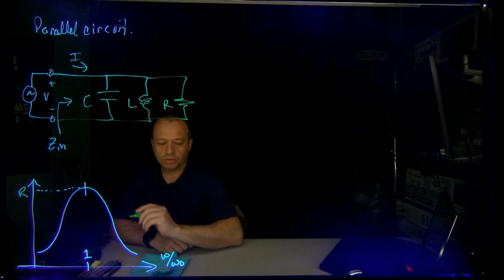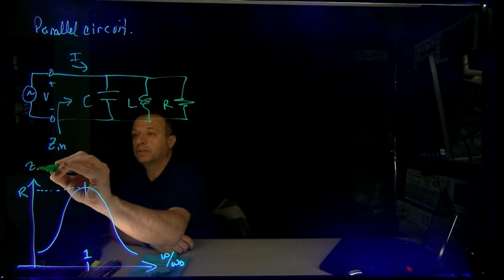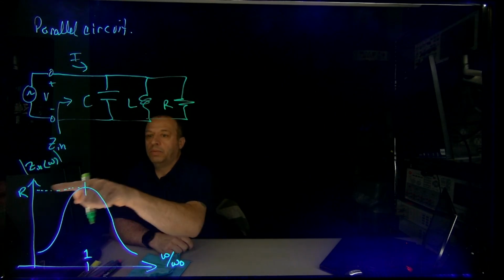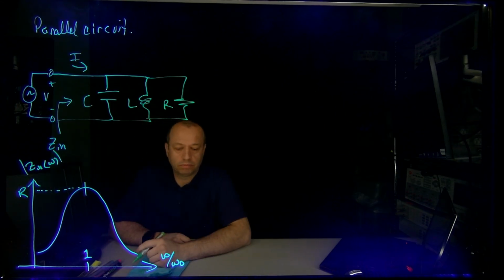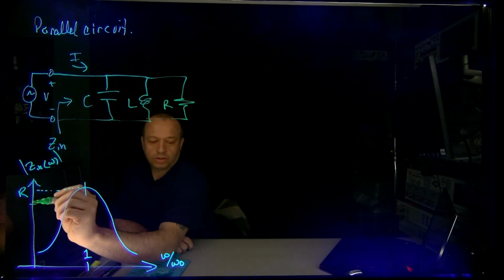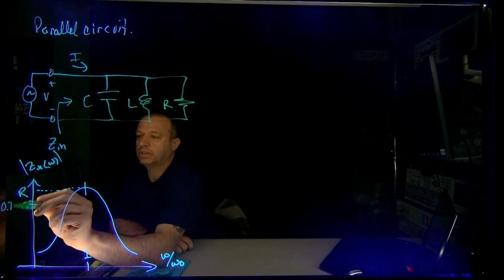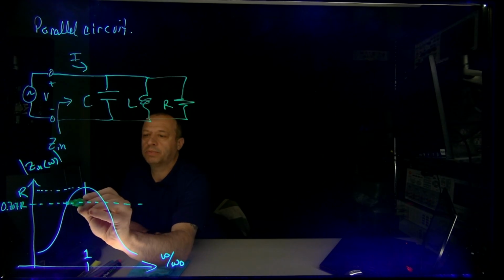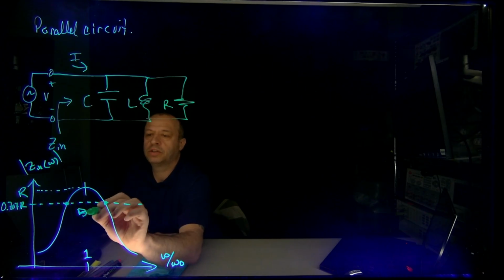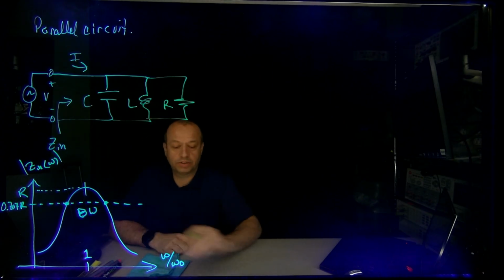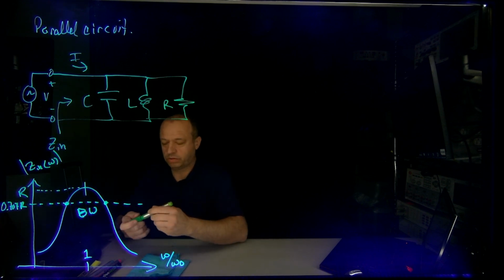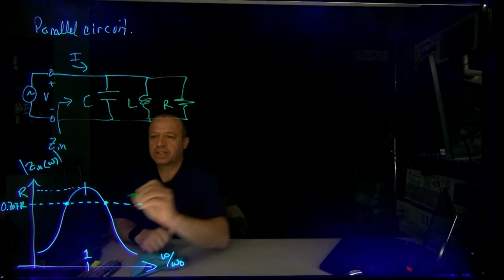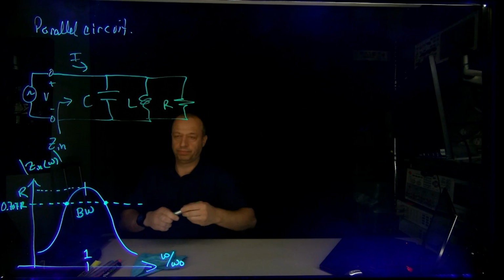The input impedance is a function of frequency and maxes out at R. Then at 1 over the square root of 2, 0.707 R goes across, that's that line, and from here to here is my bandwidth. It's nice to see in a plot, but actually calculating it is kind of straightforward, just not as easy to see.